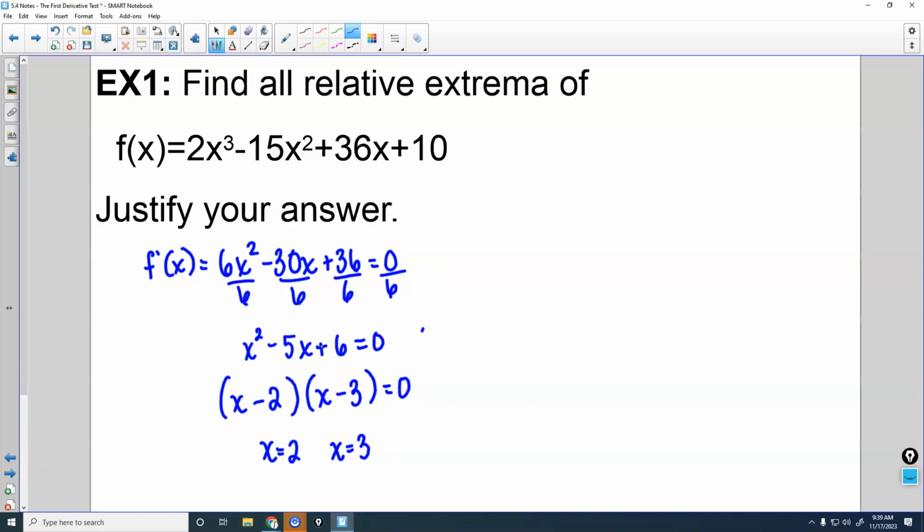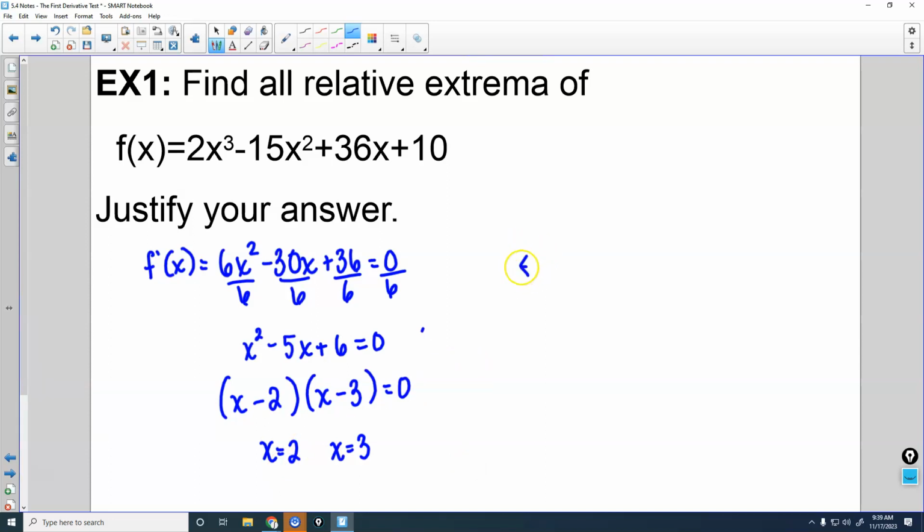But I will tell you that this is one of the most missed factoring problems in Math 1 because of exactly what you just tried to do, right? Kids miss it all the time because -6 and 1 seems like it should also work. But -6 and 1 would give you the -6 over here, so it would not. So 2 and 3 are critical points.